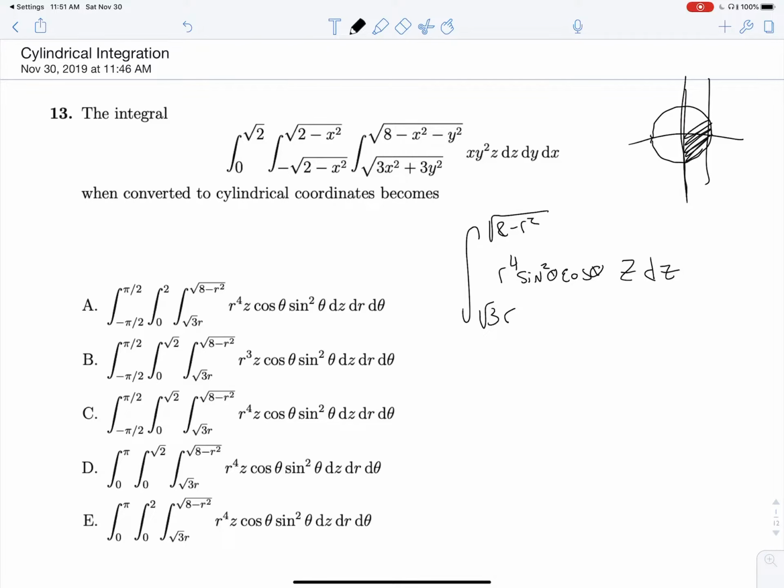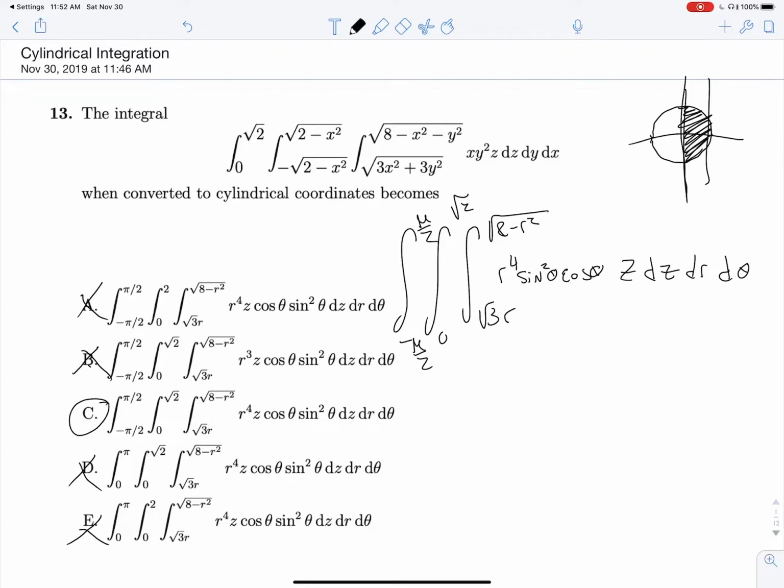So we're dealing with this region in here, and we can use that to set up our other bounds: dr d theta, where r is going to run from 0 to root 2, and theta runs from negative pi over 2 to pi over 2. So we can find our answer here as answer choice C.